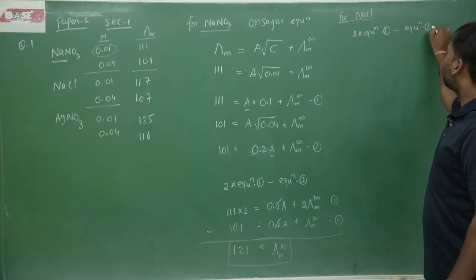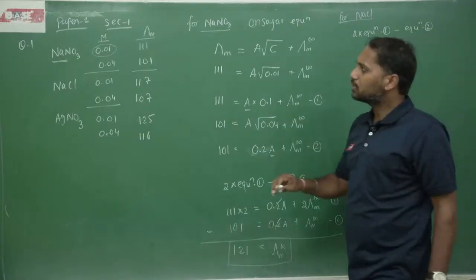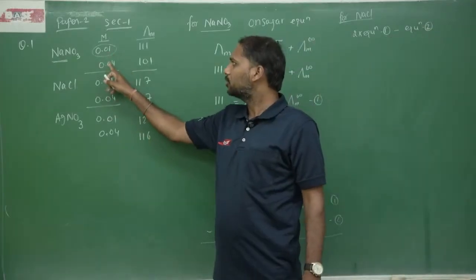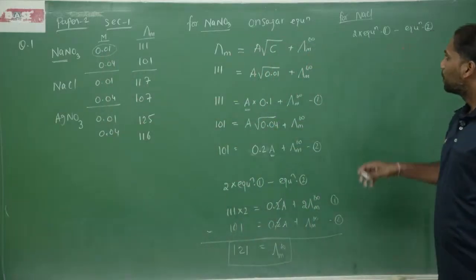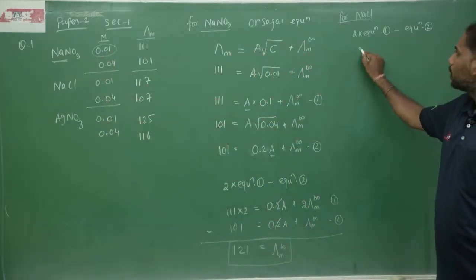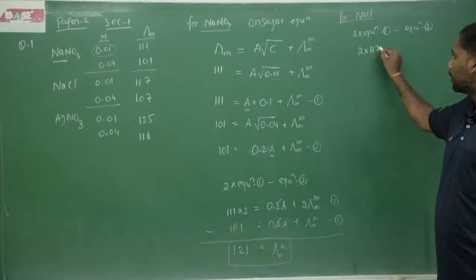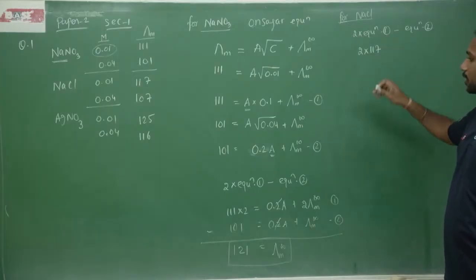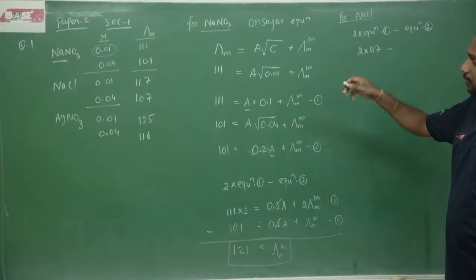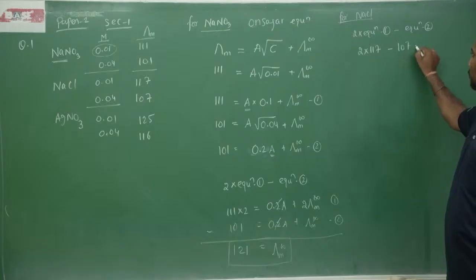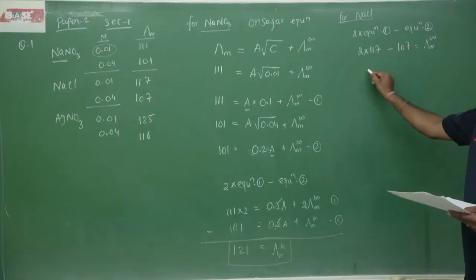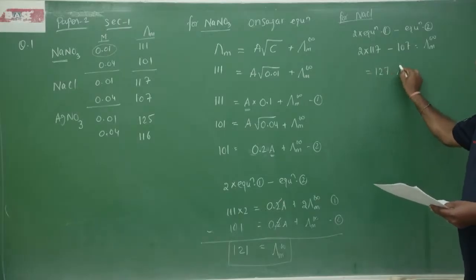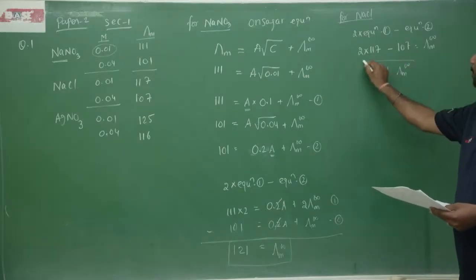I am doing it directly without repeating because if you observe, everyone's concentrations are 0.01 and 0.04. So you write 2 into 117 minus 107, and you get 127, which is lambda infinite for NaCl.